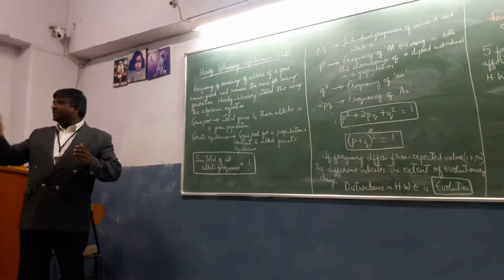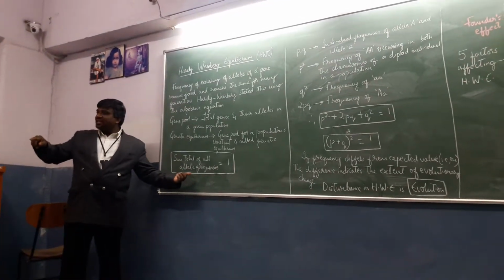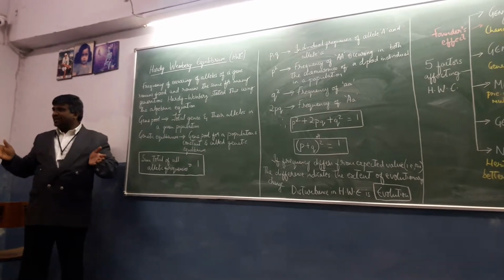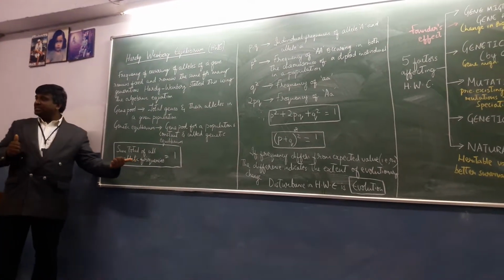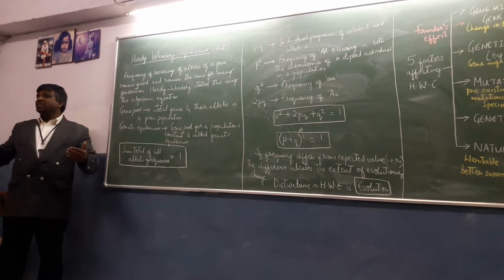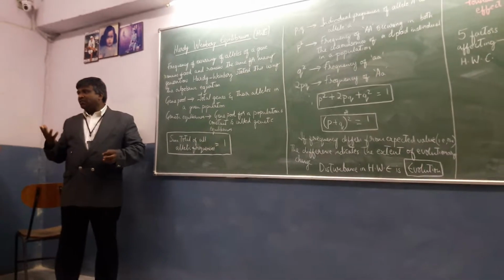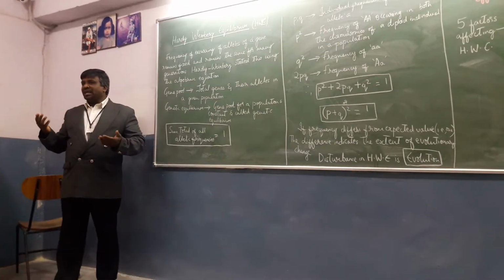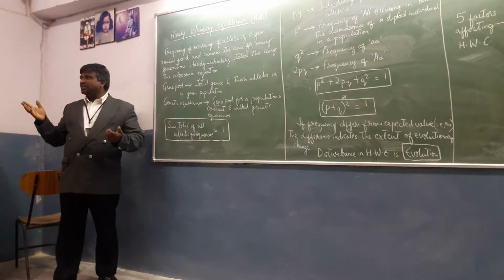It might vary with another population. So the sum total of all allelic frequencies occurring within a population, like the Indian population, is 1. It is denoted by 1. In your quadratic equation, you have that value as 0, ax square plus bx plus c equals 0.